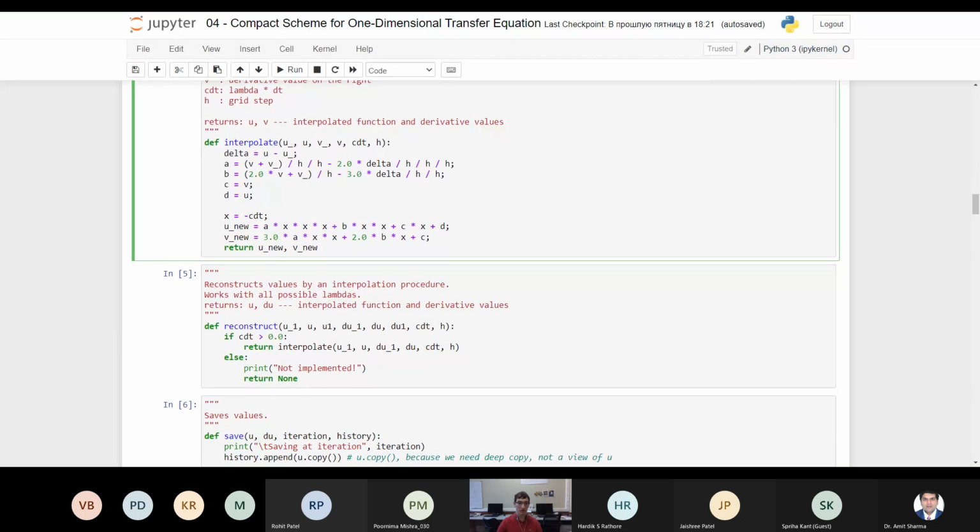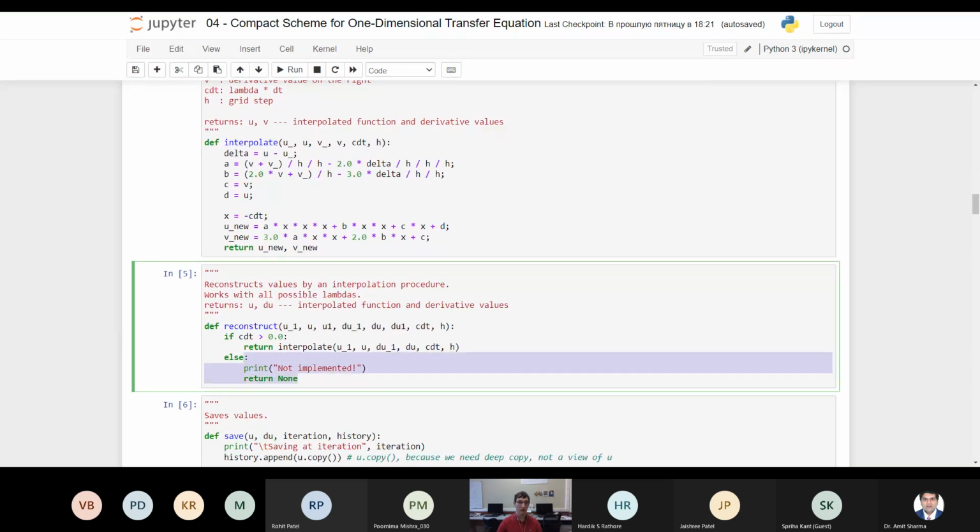So this is just an auxiliary function which reconstructs the value at the next time step by interpolation, and here it's implemented only for the case of positive lambdas, and it just calls the interpolate function with the values of the function itself and the values of its derivative in the current point and in the point to the left.